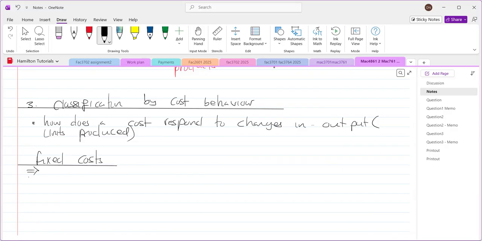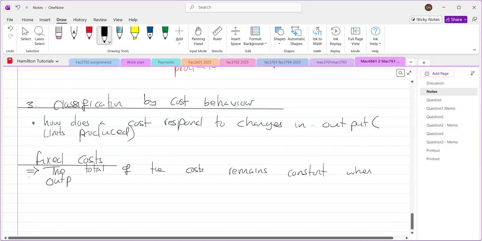100%. So with the fixed cost, we are saying the total of the costs remains constant when output varies.